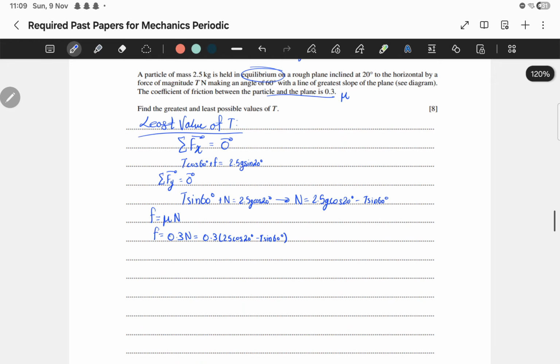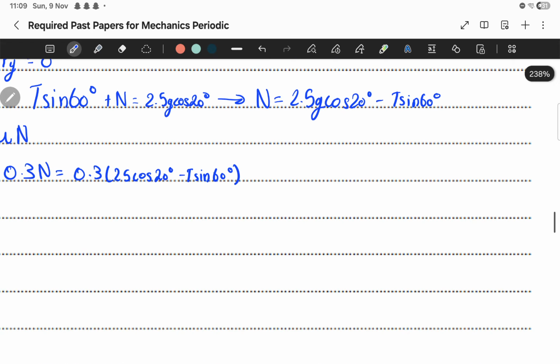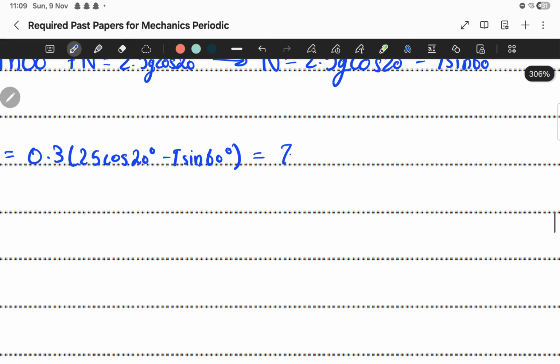So what I can do now is distribute, right? So 25 times 0.3, 15 over 2, 7.5. 7.5 cosine 20 minus 0.3 T sine 60.